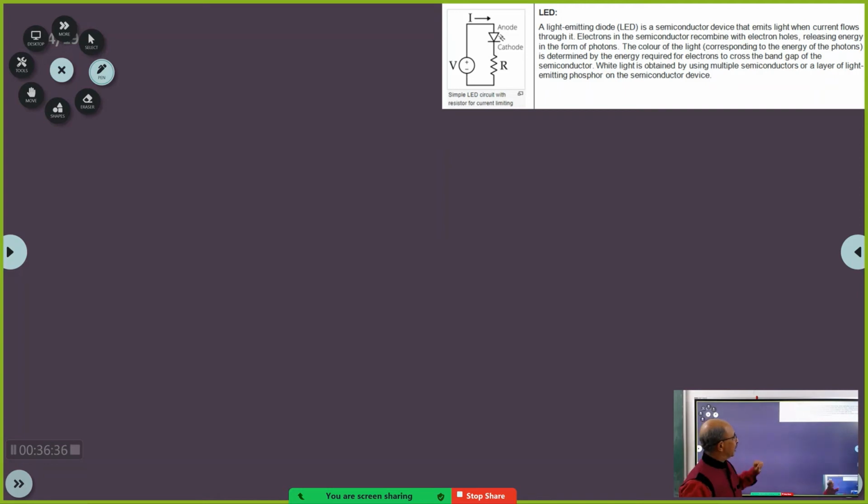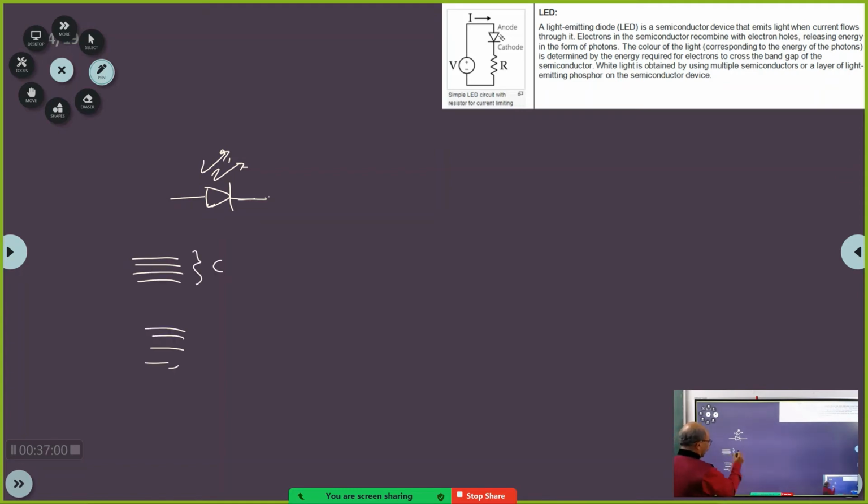Okay, and here you see this photodiode is exactly the opposite of this LED, the LED is the opposite of a photodiode. Okay, so the symbol for an LED will be like this because it is going to emit light. We'll show it like this. Now we shall look at the band structure.